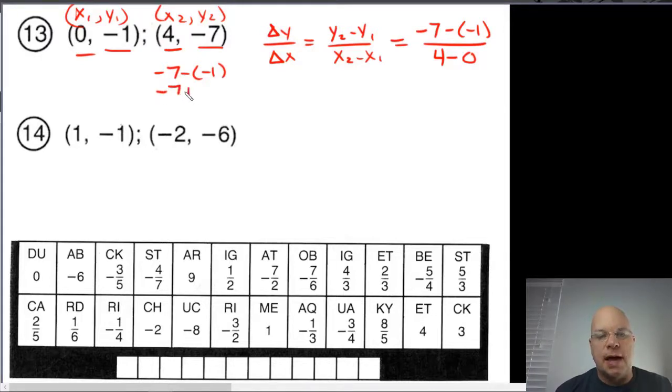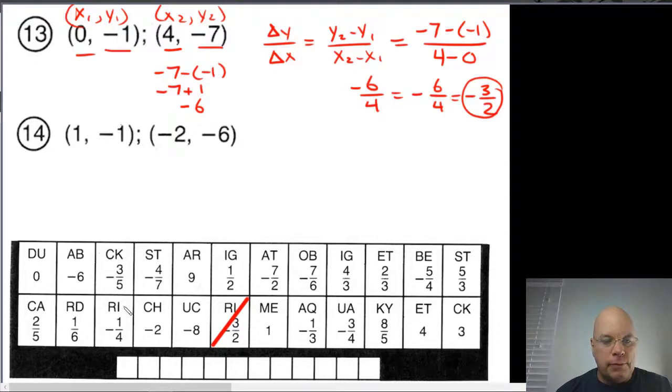Subtracting is the same as adding the opposite, so this is the same as -7 plus 1, which is -6. So this simplifies to -6 over 4, which is -6/4, which simplifies to -3/2. And where is -3/2? Right there. We had already crossed this one out.